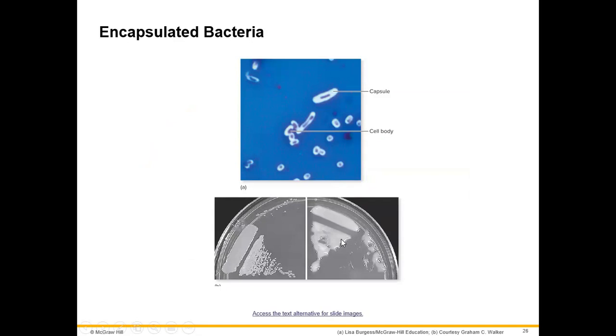Streptococcus can have a capsule or not have a capsule. If they have a capsule, they make a very orderly, smooth colony. If they don't have a capsule, it's a more disorganized looking colony.